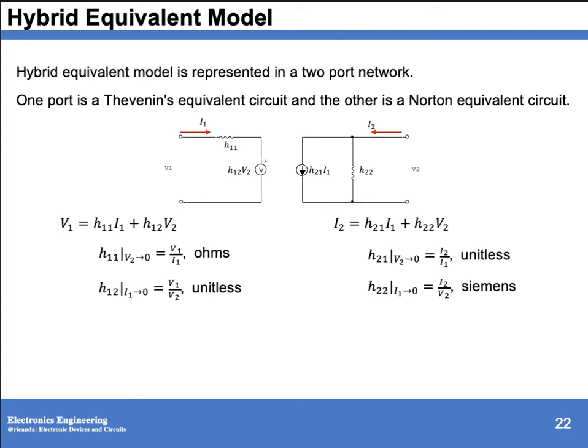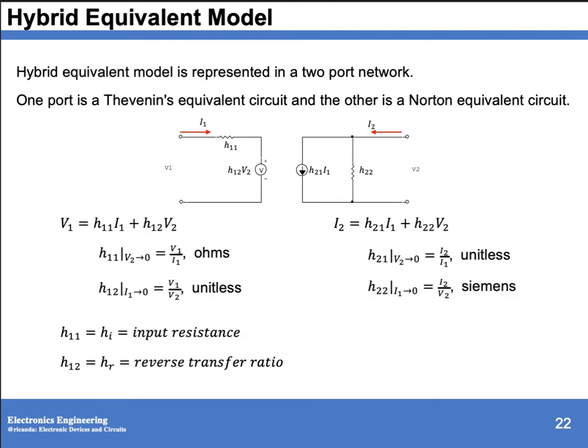So since V over I is equivalent to resistance or ohms, and this is the opposite, this is what you call Siemens. So we call your H11 as HI, or that is input resistance, and your H12 as HR, or that is reverse transfer ratio. Why is it reverse? Because your input voltage is V1 and your output voltage is V2, so we have input over output.